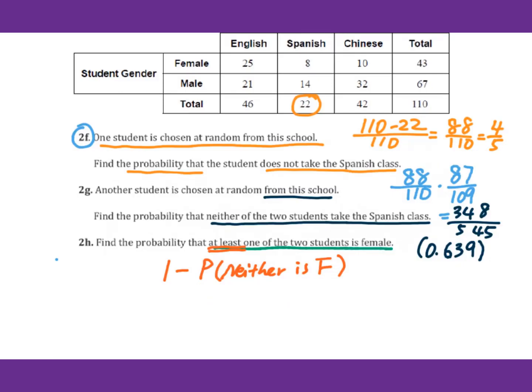From the table, we know altogether we have 43 females. So we do 110 minus 43. You will get 67 students who are not female.